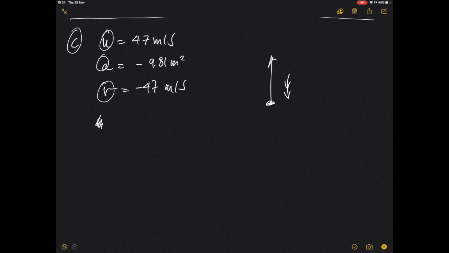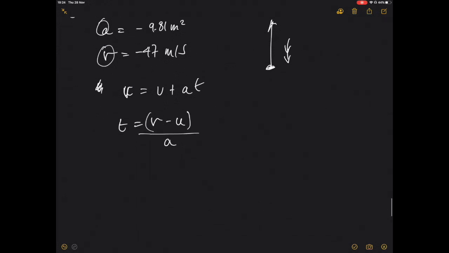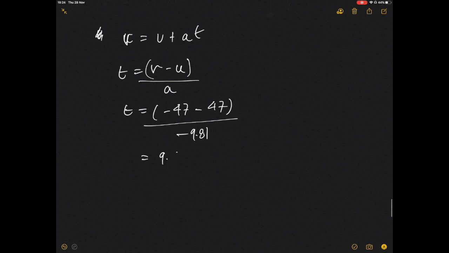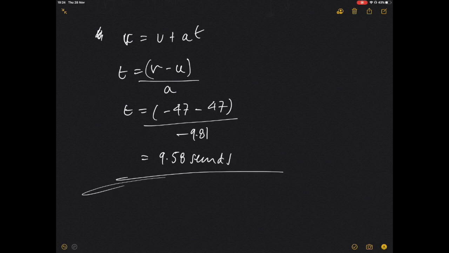So we can say v equals u plus at, therefore t equals v minus u all over a, and therefore t equals minus 47 minus 47, all over minus 9.81, and the answer is 9.58 seconds. So this is just a few examples of some SUVAT equations. We're going to touch on this a little bit in the next lecture, but that's it for this lecture.